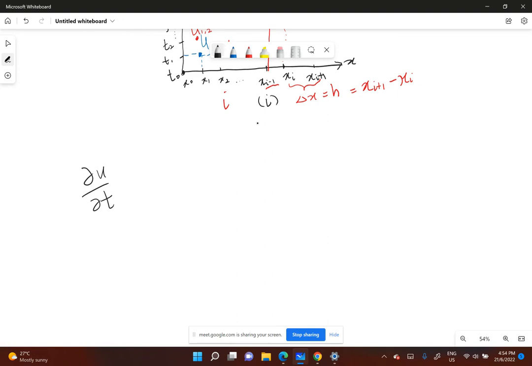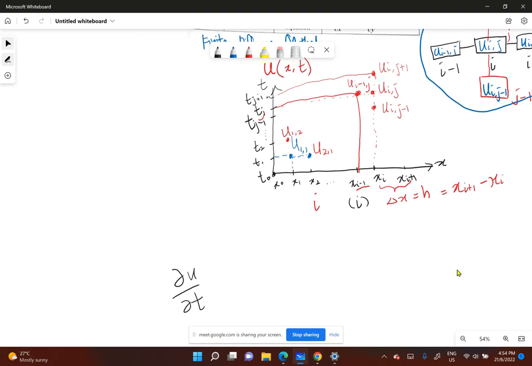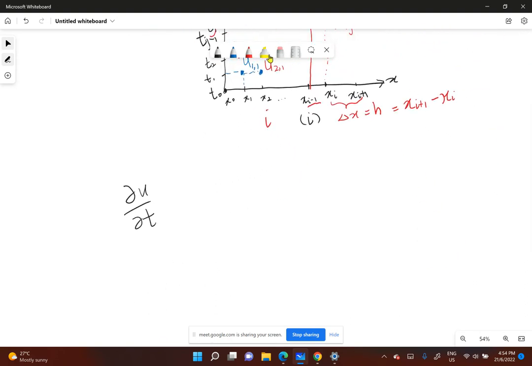So based on yang tadi saya lukis ni kan, kejap saya lukis balik. Jadi, kalau tadi kan, yang ni adalah UIJ. This one is UI plus 1J.